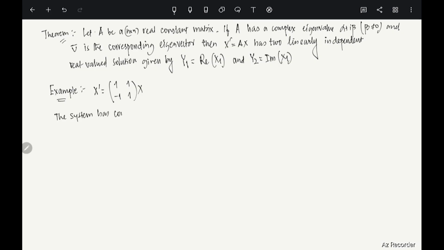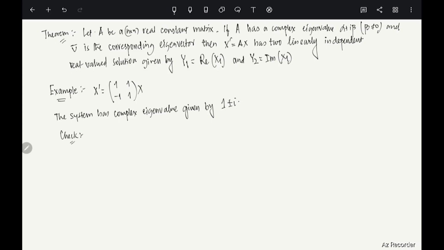So the system has complex eigenvalues given by 1 plus minus i. Clear? They come in conjugates, right? Now the eigenvectors we have to find. For 1 plus i, if you want to find the eigenvectors, please check this part.